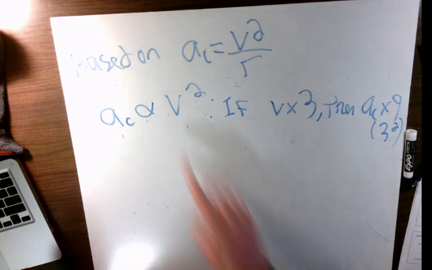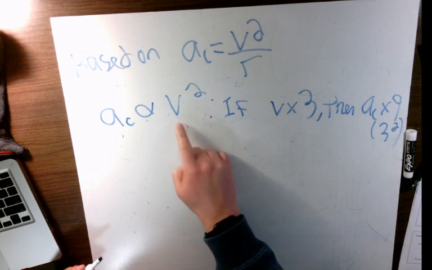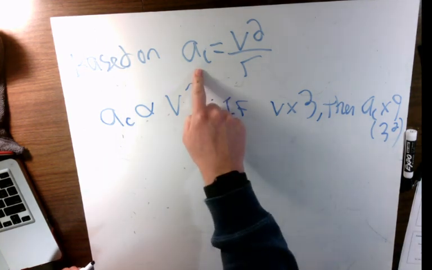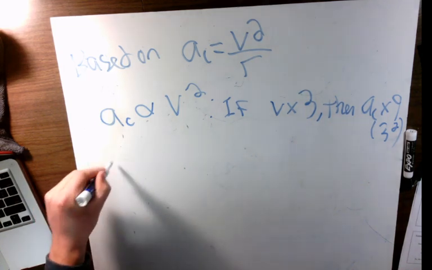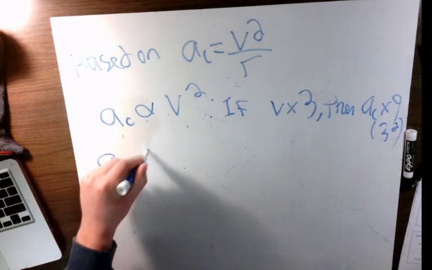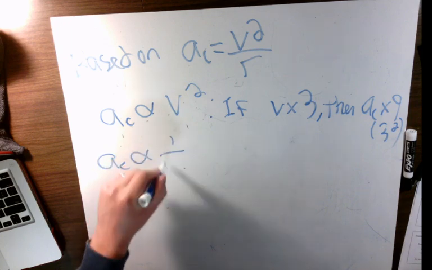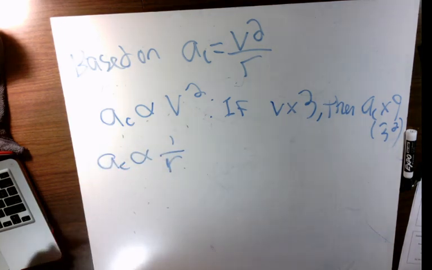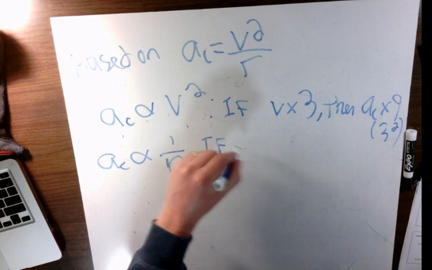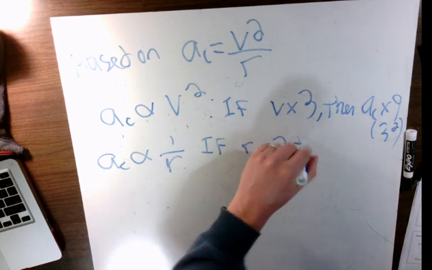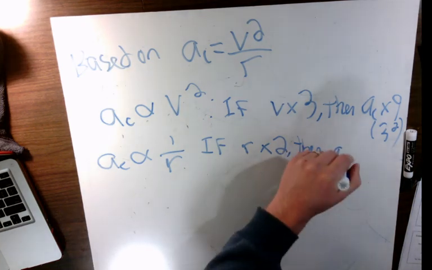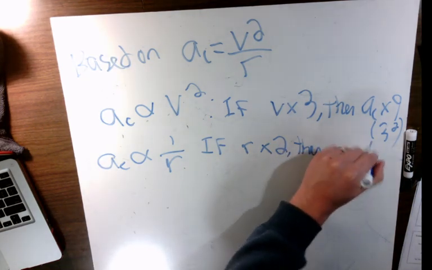So tripling the speed will actually increase the centripetal acceleration 9-fold. And we're also adjusting the radius, which is inversely proportional. So if our radius is doubled, multiplied by 2, then our centripetal acceleration is multiplied by 1/2.